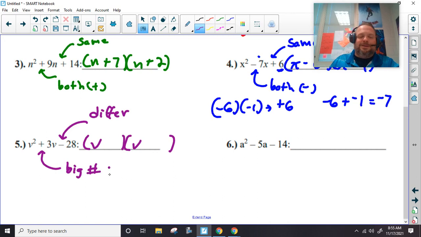Big number is positive. All right. When we think of 28, what are some numbers that multiply to it? 7 and 4, which one's bigger? 7. Bless you.